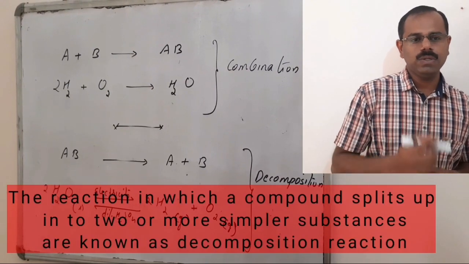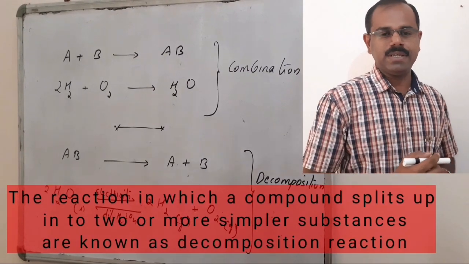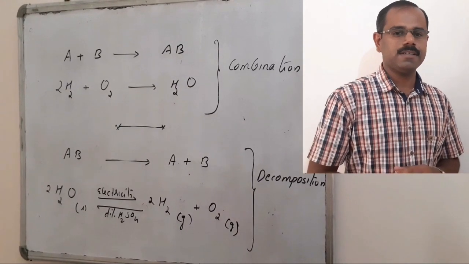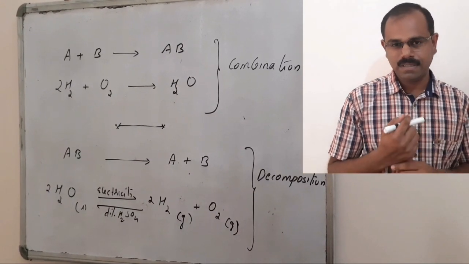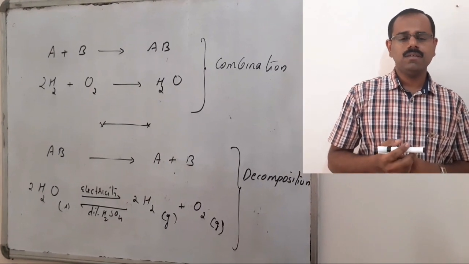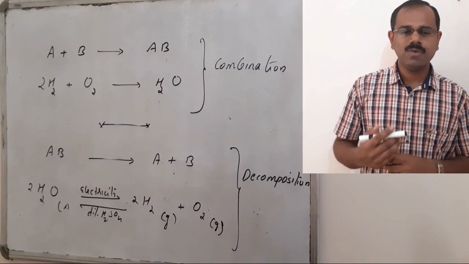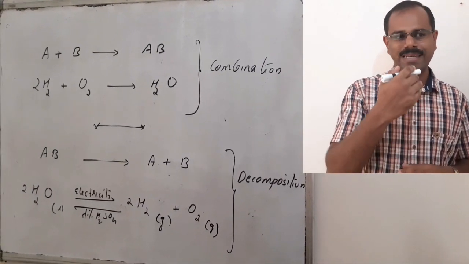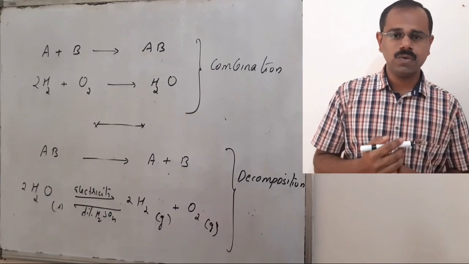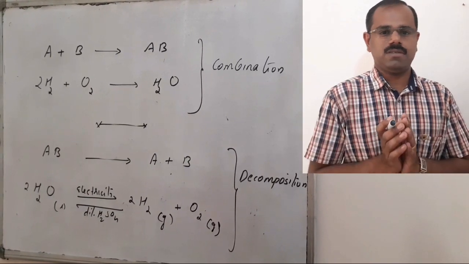I have already told you there are some conditions required for the decomposition reaction, such as presence of sunlight or the presence of dilute sulfuric acid or maybe of heating, etc. We see some more equations, what are the categories involved in the decomposition reactions, what are the conditions required, or what we call these equations.